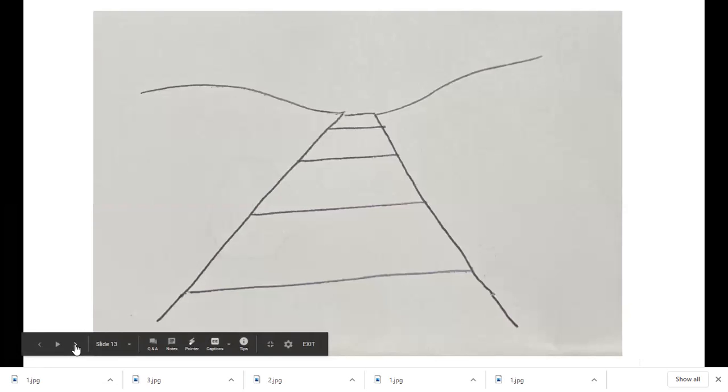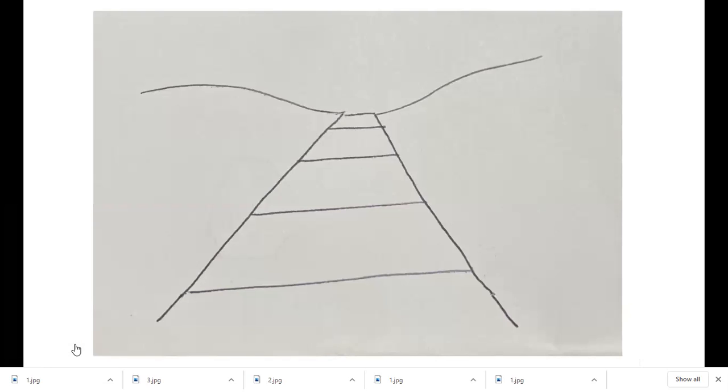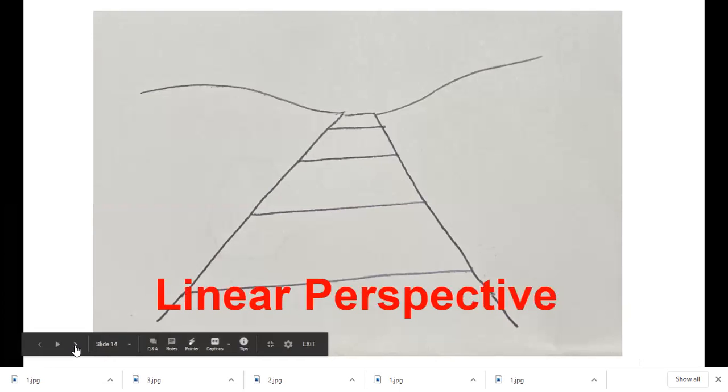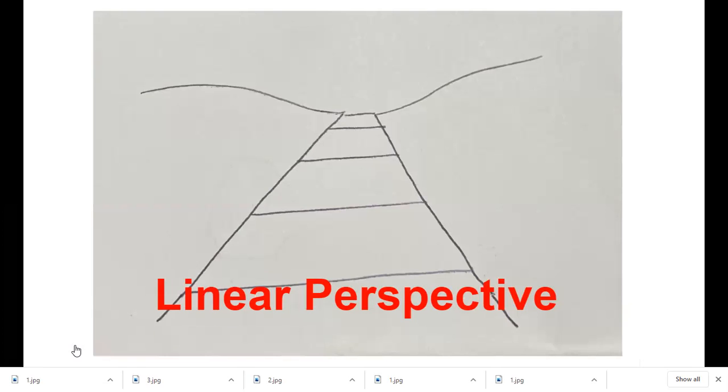So in this simple drawing, what do you think is creating depth? This is linear perspective. So this is when parallel lines, or lines that we know should be parallel and never touch, in this case the edges of a sidewalk, we know that it should be the same width no matter how long we walk on it.